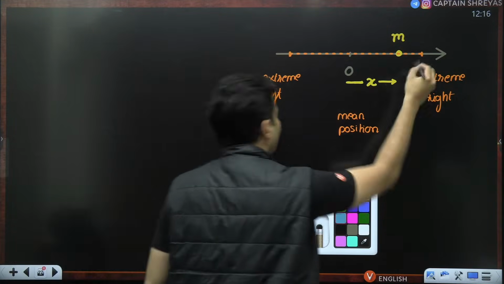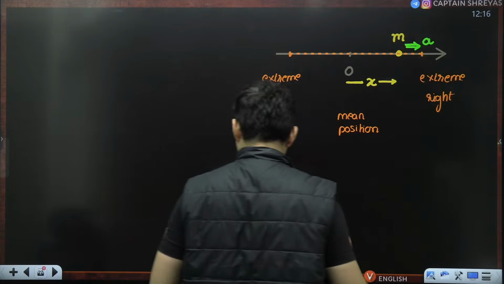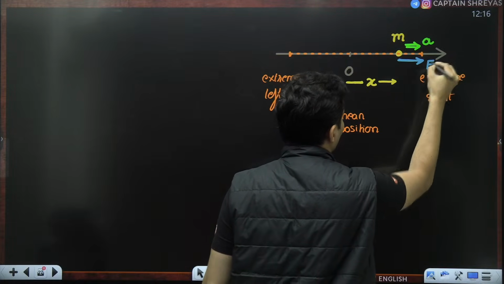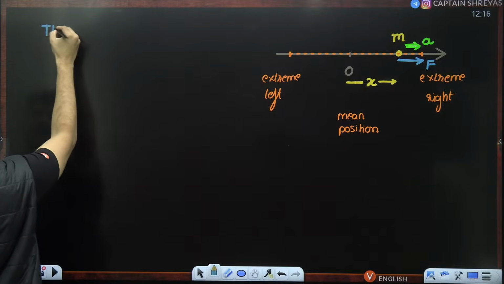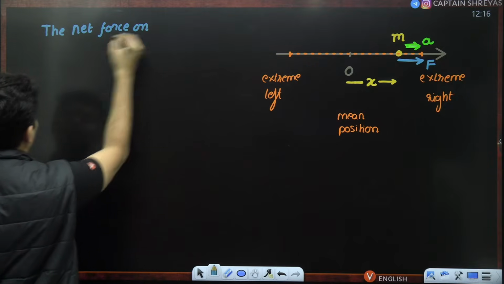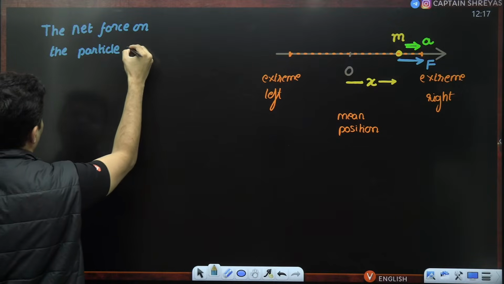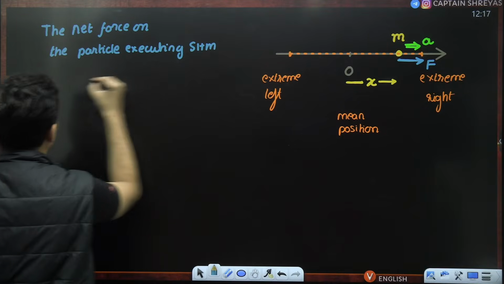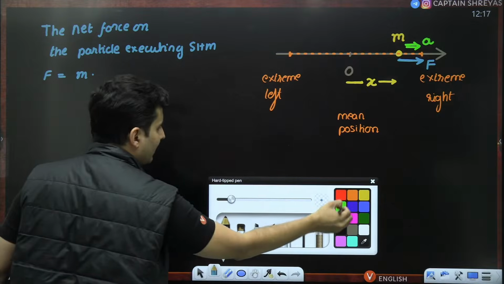Since this particle is going back and forth and it is also having some acceleration, if I'm interested in how much force is acting on the particle to cause that acceleration, the net force on the particle executing SHM, F, will be mass times the acceleration.